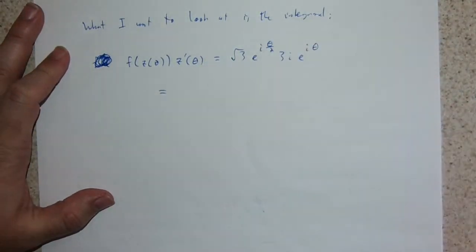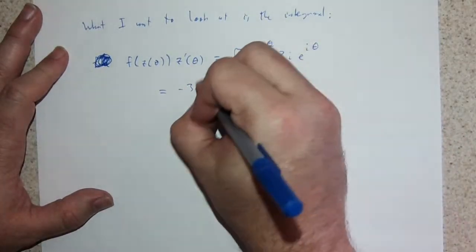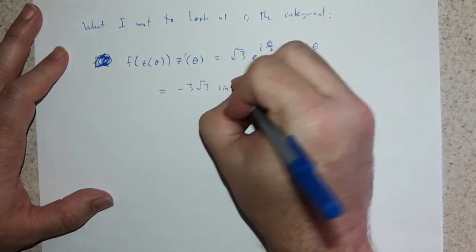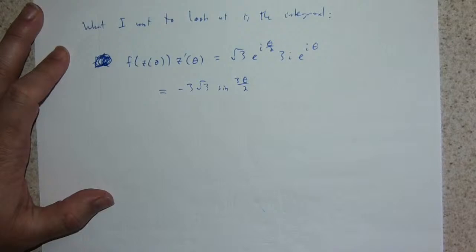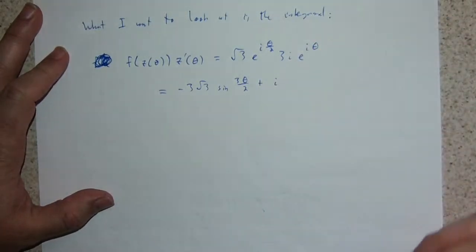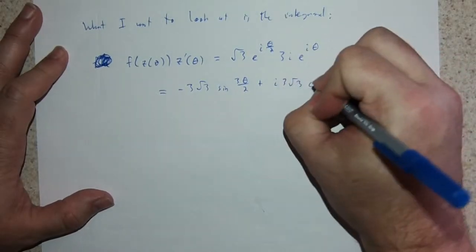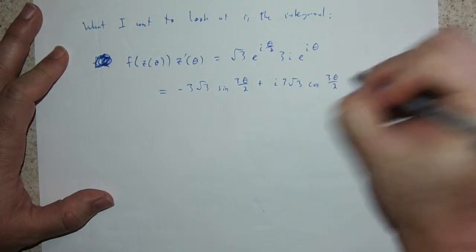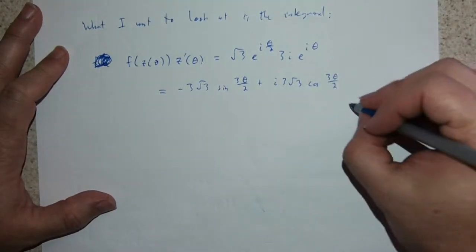Using Euler's formula, this is minus 3 root 3 sine of 3 theta over 2, adding the exponents here, plus i times 3 root 3 cosine of 3 theta over 2.